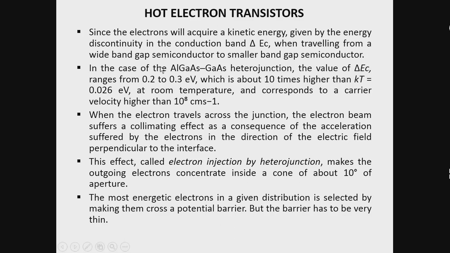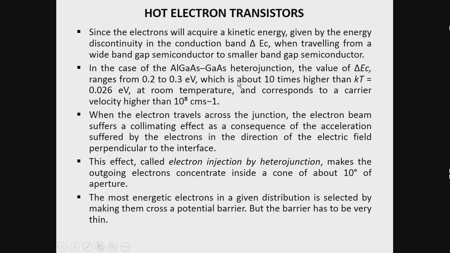In the case of an aluminum gallium arsenide heterojunction, the energy discontinuity in the conduction band, delta Ec, ranges from 0.2 electron volt to 0.3 electron volt.